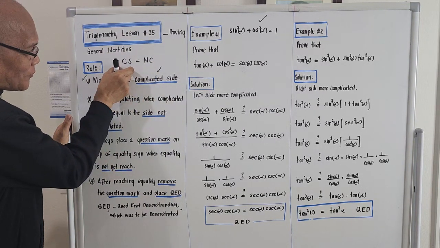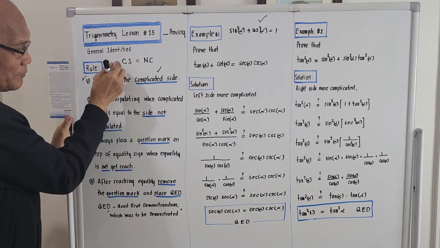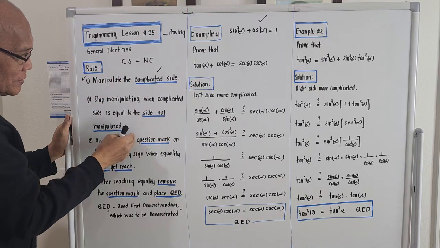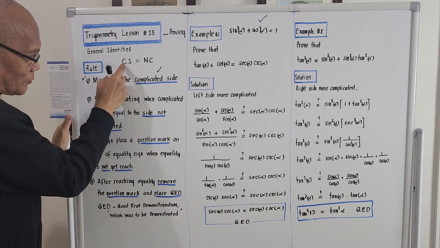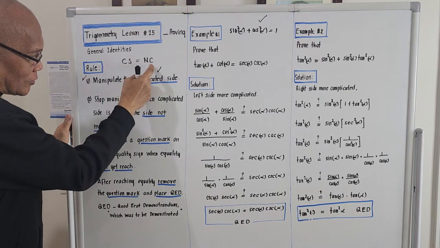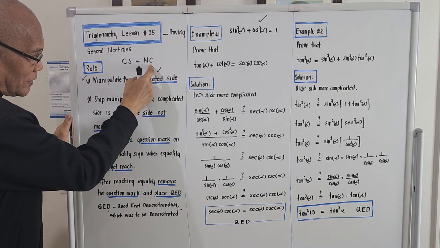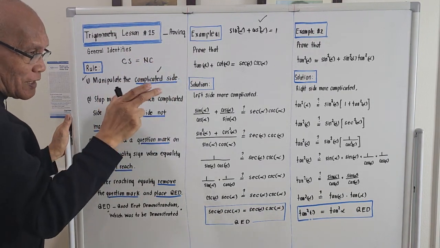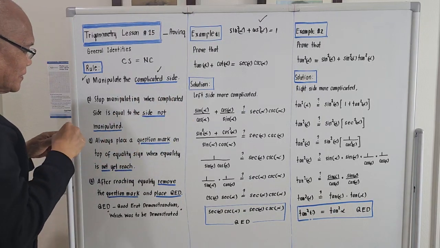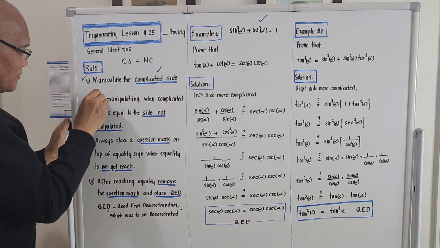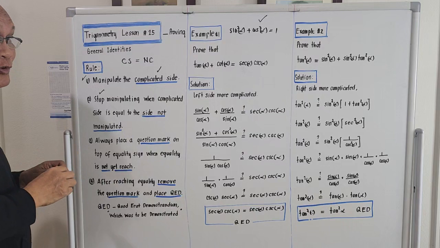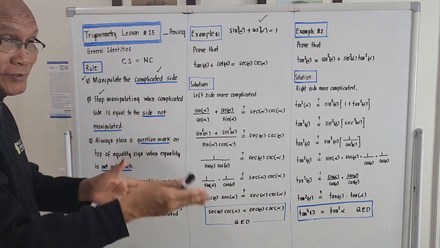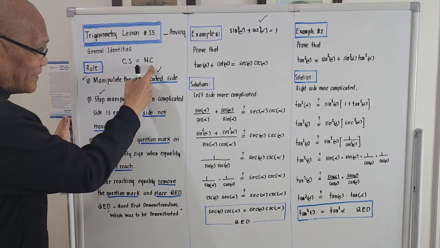So while you are manipulating on the complicated side, maybe after so many steps, try to compare the value of the complicated side to the not complicated side. If they are now equal, stop. The hint here is stop. Stop manipulating because you have proven already the identity. They are now equal, right?